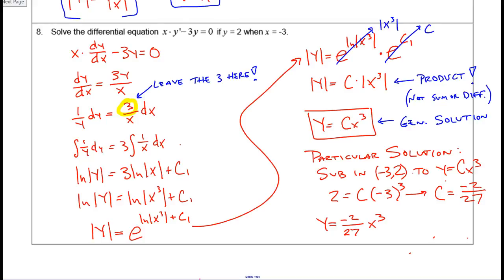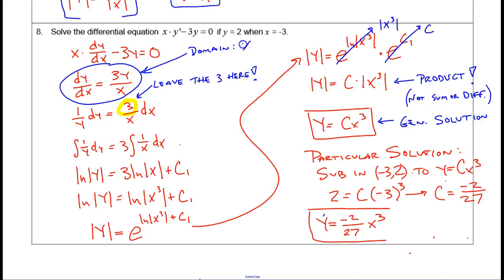All right, folks, that's a lot of work to get to our final particular solution, and if that's all you wrote, you would be wrong, because I neglected to consider the domain of the original differential equation. This has a domain restriction. X cannot equal 0, so we cannot have a solution that crosses that asymptote. In fact, for my general solution, I should actually state for x not equal to 0.